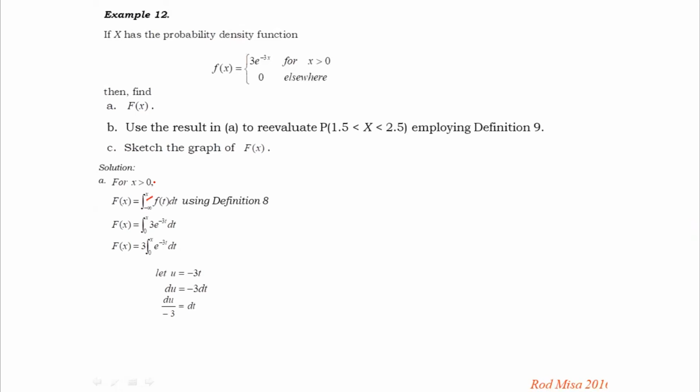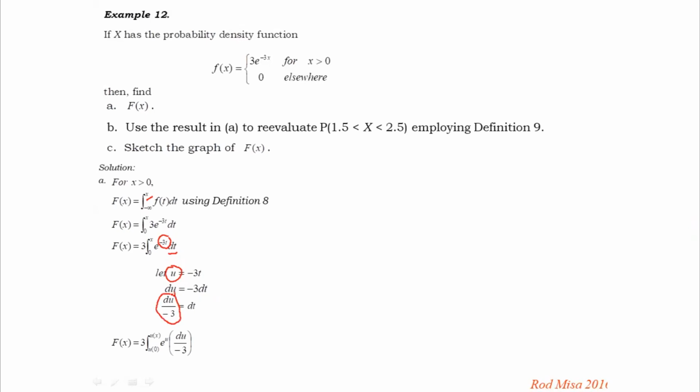Substituting these representations in our integrand, we have 3 times the integral of e to the power u. Instead of writing negative 3t, we write its representation, which is u, and instead of writing dt, we use du over negative 3.